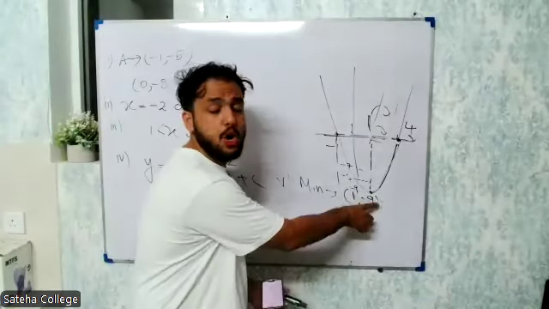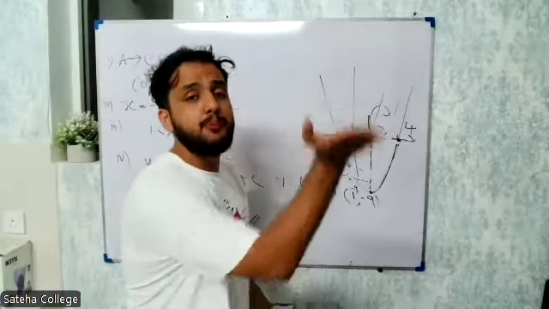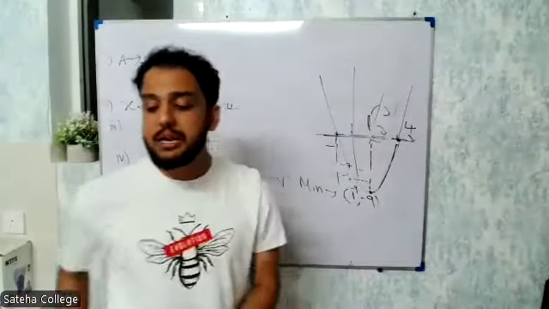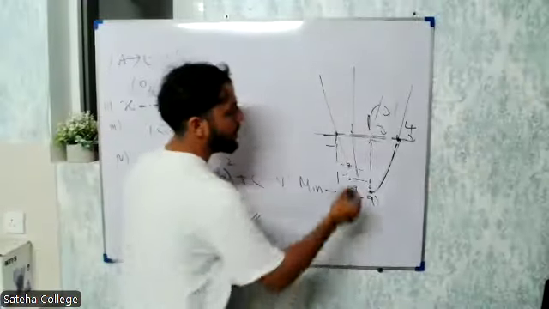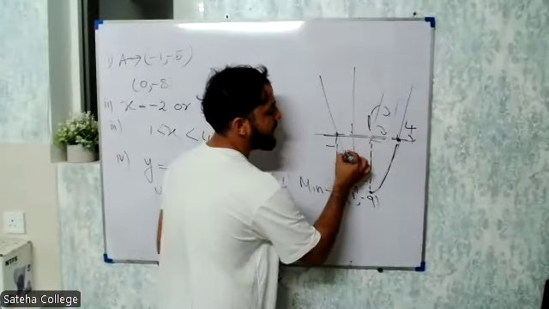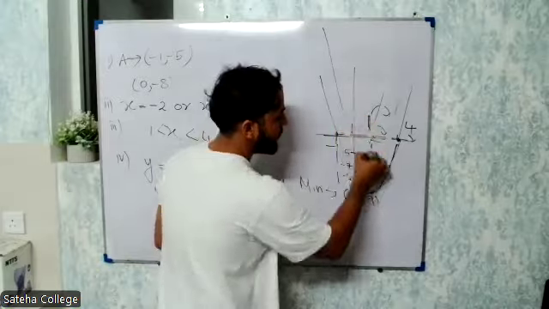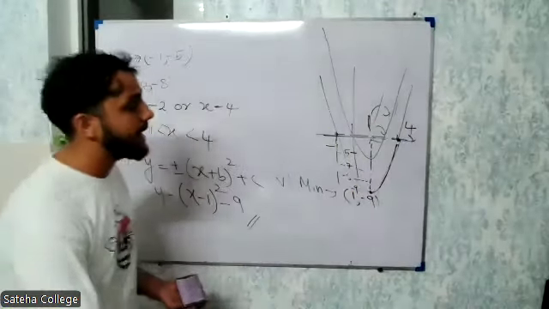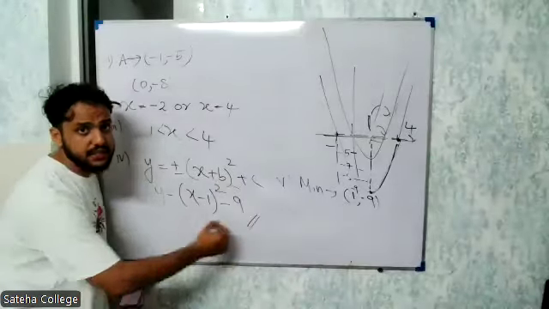The original minimum value was minus 9. If you moved it upwards by 4 units, what will be your new minimum value? Minus 5. Now let's say this is minus 5. If I draw the graph here, this will be your new graph, right? Now looking at the new graph, this is a quadratic function, okay?